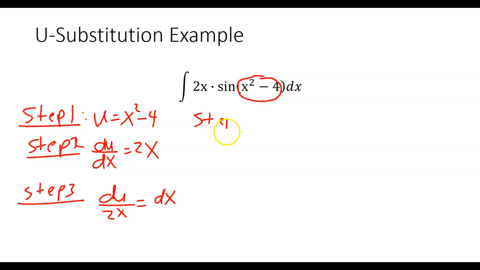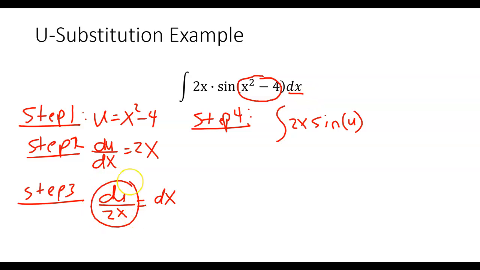Step four is to go ahead and do your U substitution. We're going to replace the x squared minus 4 with u, and we're going to replace the dx with du over 2x.